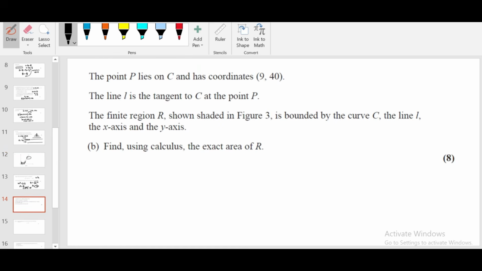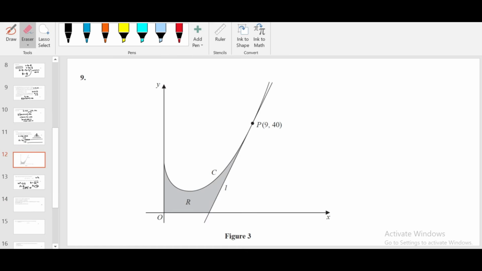Find the exact area of the region. Now it's a little trickier one. Now if you take this curve and integrate from 0 to 9, where 9 is the x coordinate, you will get this whole area basically.